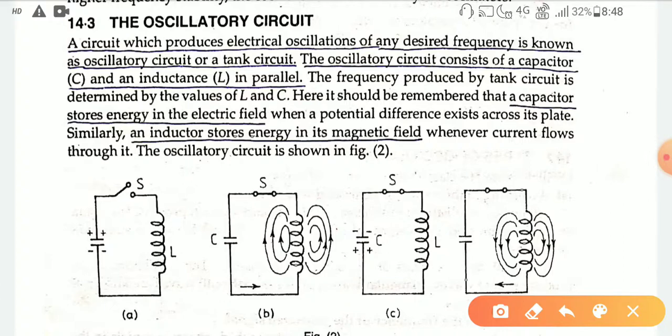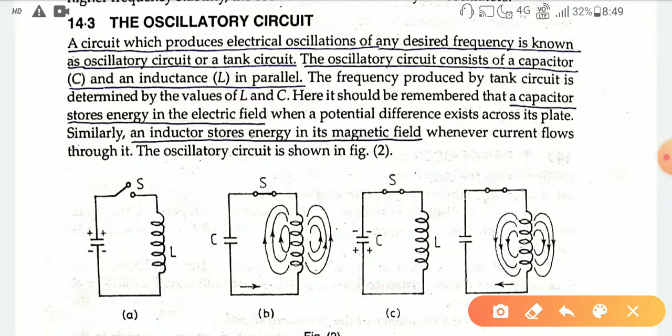That means the electrical energy is now transferred into the form of a magnetic field, and the inductor's property is that it tries to oppose its state by flowing current in the opposite direction.